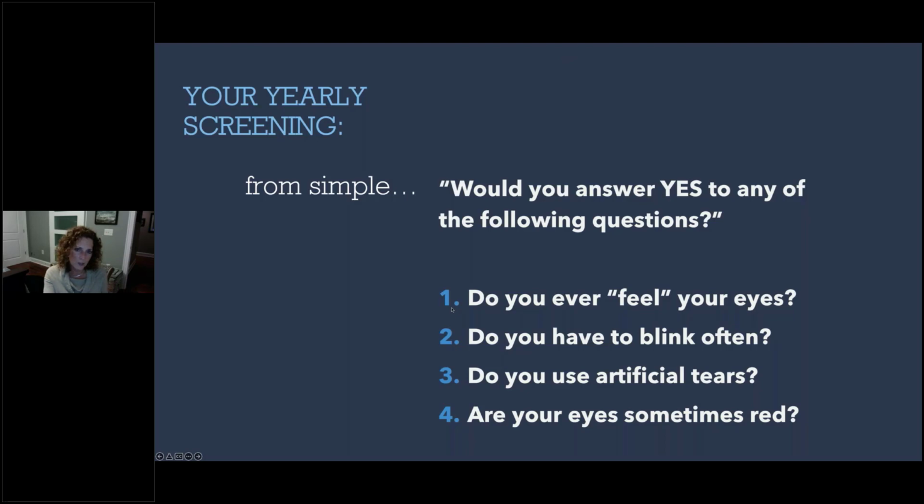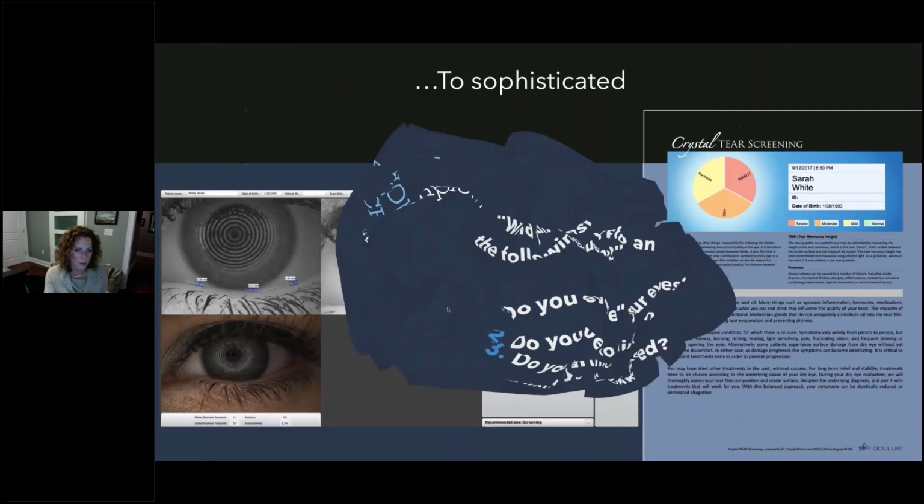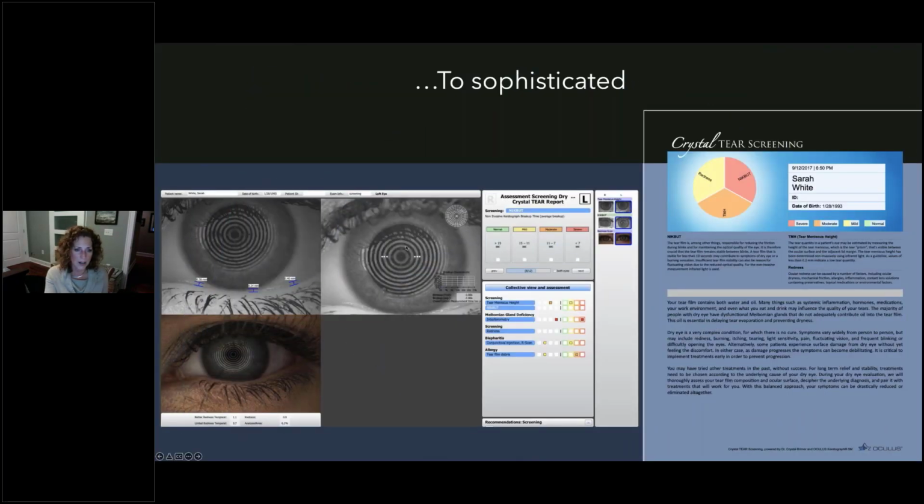But if you fast forward, it was probably 6 months later when we had the keratograph, this is what we started doing. We started doing tear meniscus height, non-invasive breakup time, and redness. And we did this on every single patient, and they've got this Crystal Tear screening report in their hand immediately.